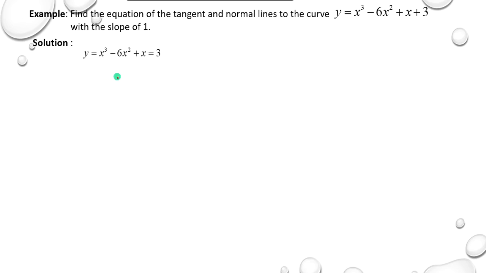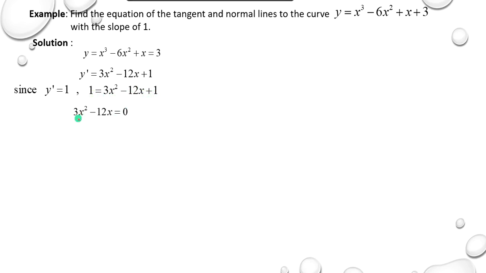First thing to do is to find the first derivative. Y prime is 3x squared minus 12x plus 1. Since the slope y prime is 1, we use that in this first derivative. We plug in, and 1 equals 3x squared minus 12x plus 1.